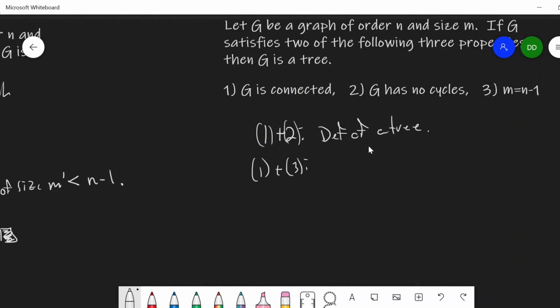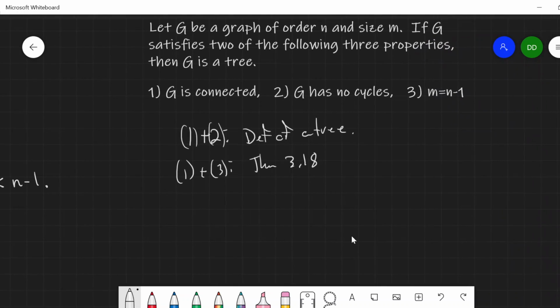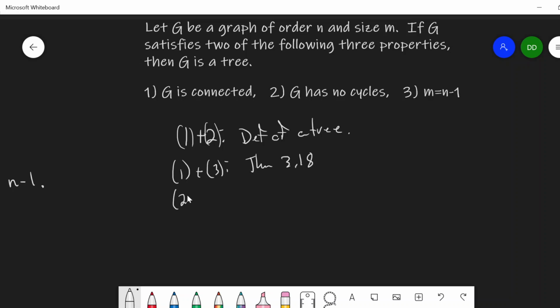That's theorem 3.18. And then 2 and 3 together, that's theorem 3.17. So any pair of these conditions guarantees that my graph is a tree, and this will be useful for recognizing a tree.